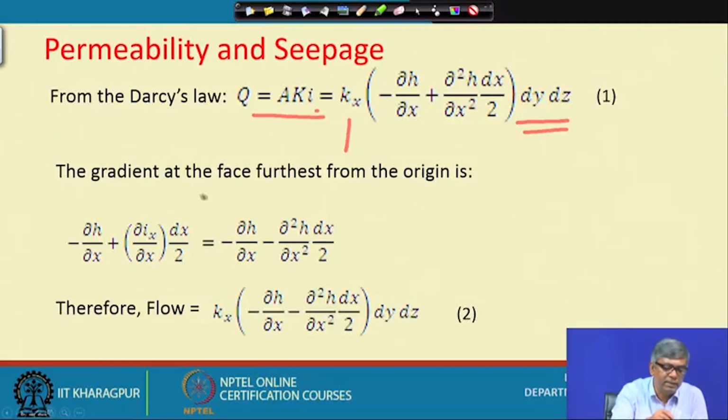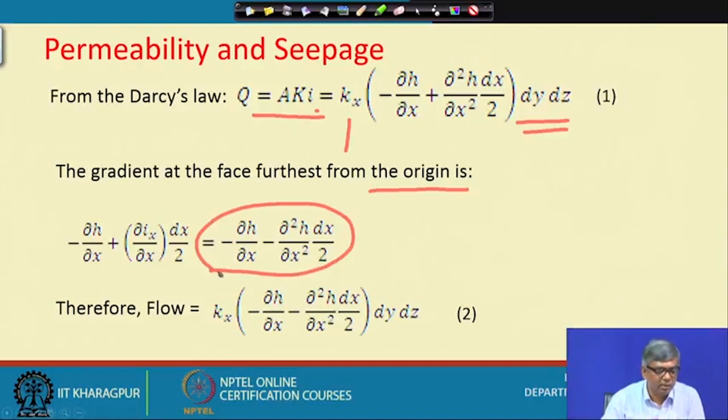Similarly, the gradient at the face farthest from the origin can be obtained as minus del h by del x plus this. So it will be this expression, and therefore the flow, similar to this, is this expression.